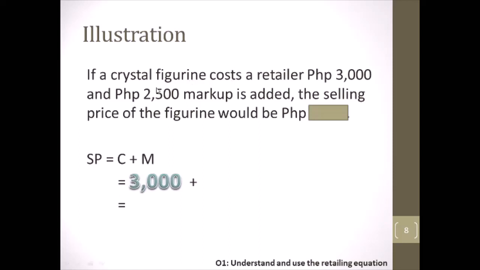Then our markup price is 2,500. Adding the two figures, the result is 5,500. So the selling price of the figurine will be 5,500.